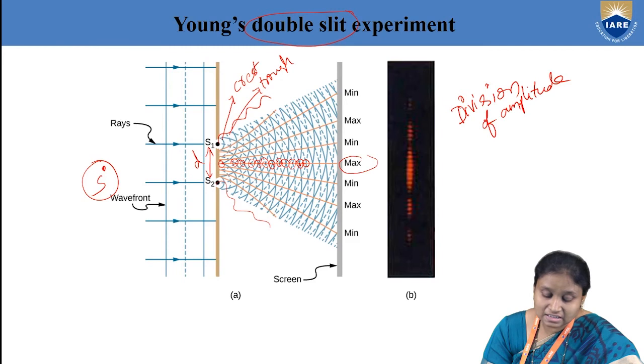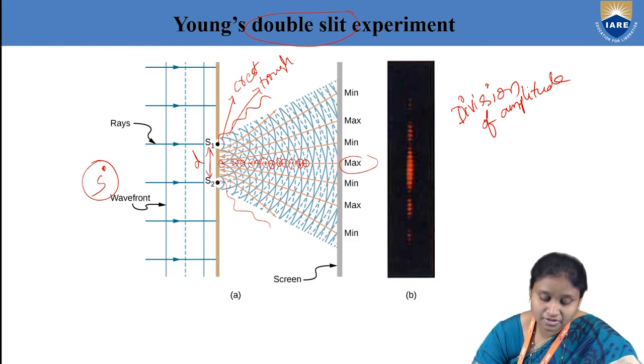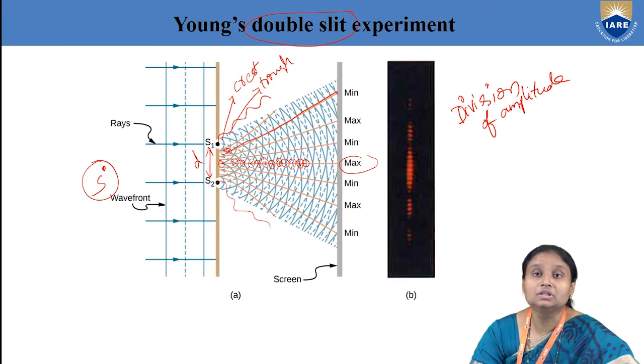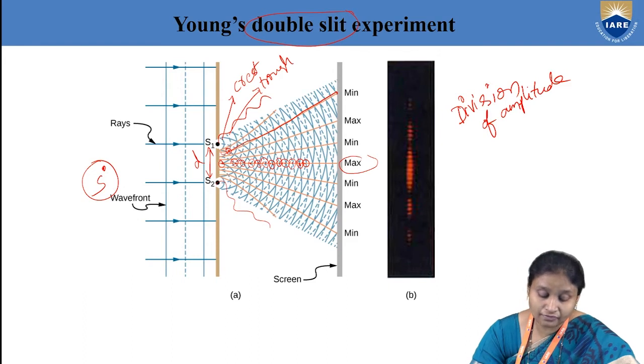Whereas if you consider this line, and look at the points on it, the solid line is falling on the dotted line. It means that the crest of one wave is falling on the trough of another wave. Similarly, if you consider all the points here, crest is falling on trough.